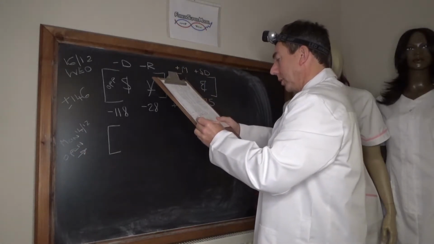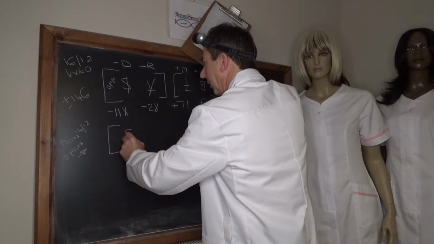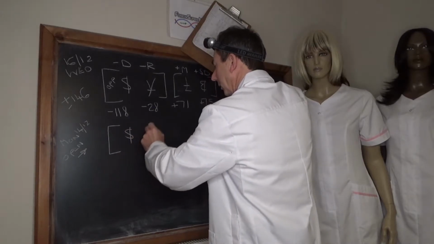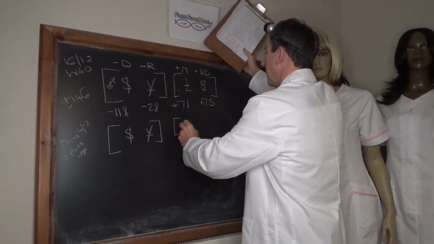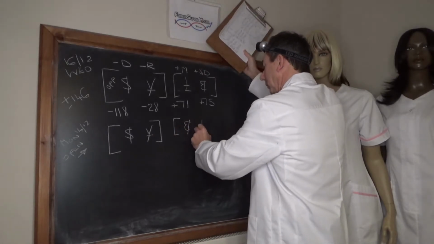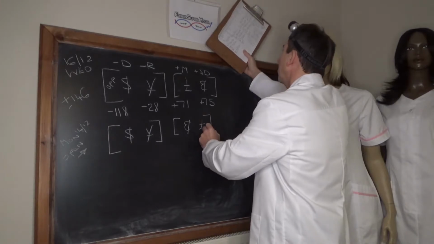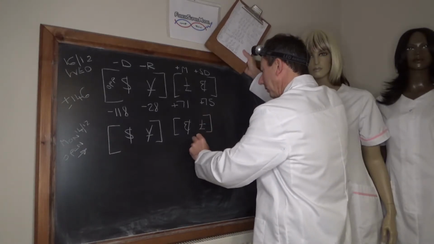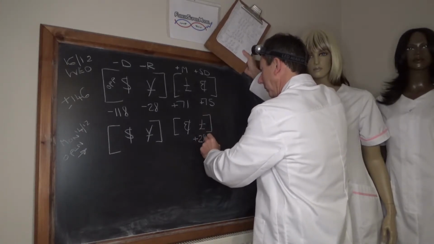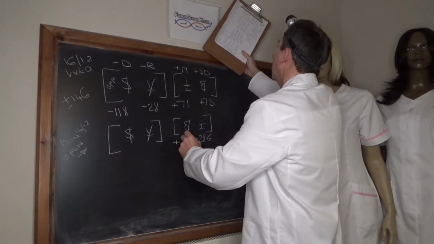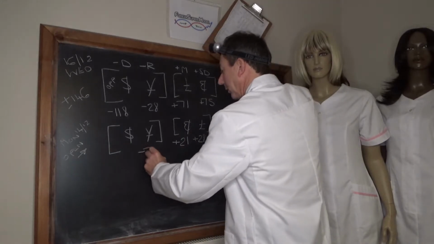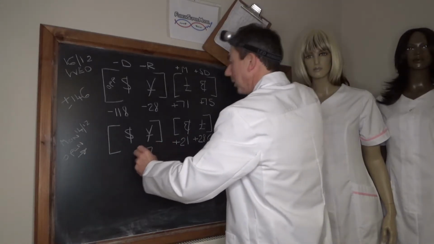So we've got dollar yen on the negative, and we've got euro pound on the positive. Figures plus 286 on the pound, euro plus 21, yen minus 7, and the dollar minus 300.